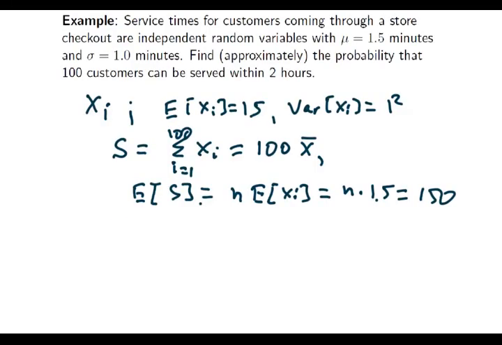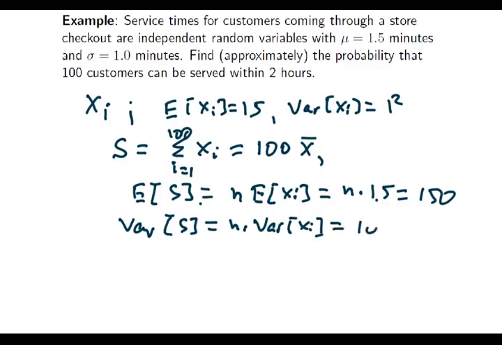And variance of S is n times variance of xi, and variance for all xi's is the same and equals 1, so this is 100 times 1, which is 100.